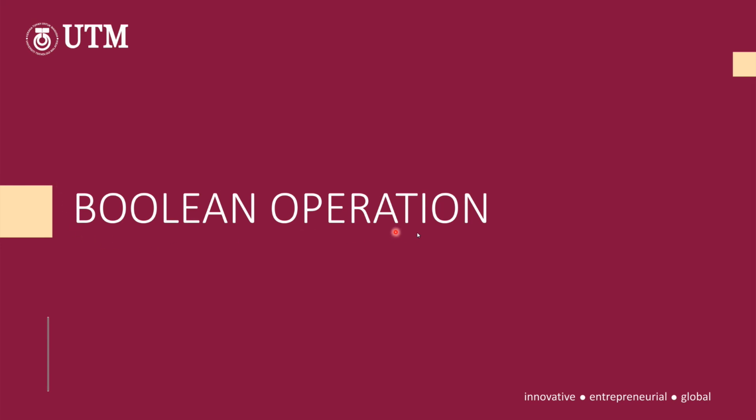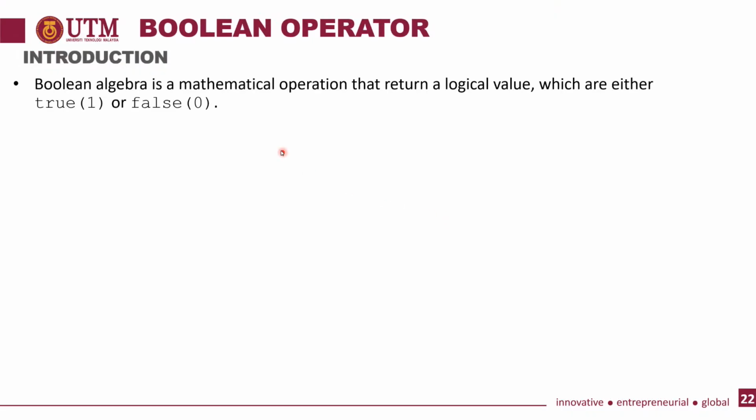Next we take a look at Boolean operations. What is Boolean operation inside scientific programming, and how do we use it? So let's continue. Boolean algebra is a mathematical operation that returns a logical value, which is either true or false.